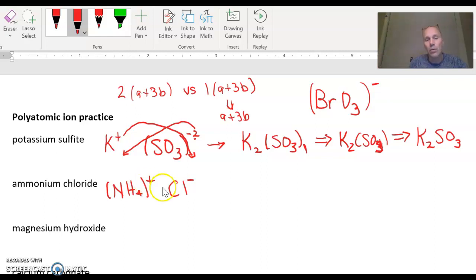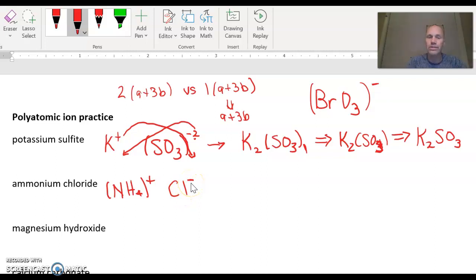One thing I want to point out about this compound, it's reversed from the top compound. At the top, we had a monatomic cation with a polyatomic anion. Here, we have a polyatomic cation with a monatomic anion.